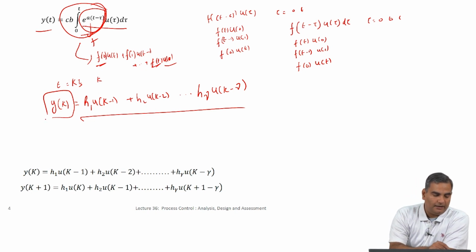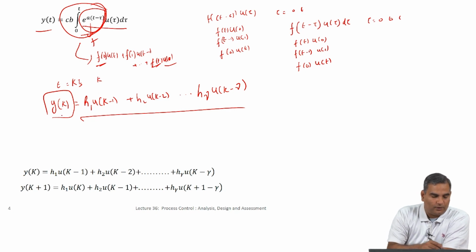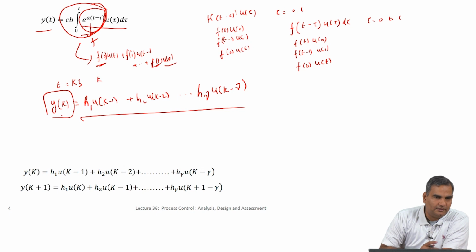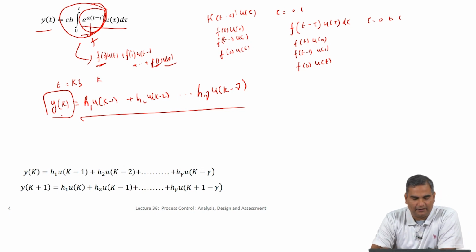So, the current output y of k is a function of all the inputs that I have had in the past, and these inputs have different weightings based on how recent the input is, or how far in the past the input is, in general.